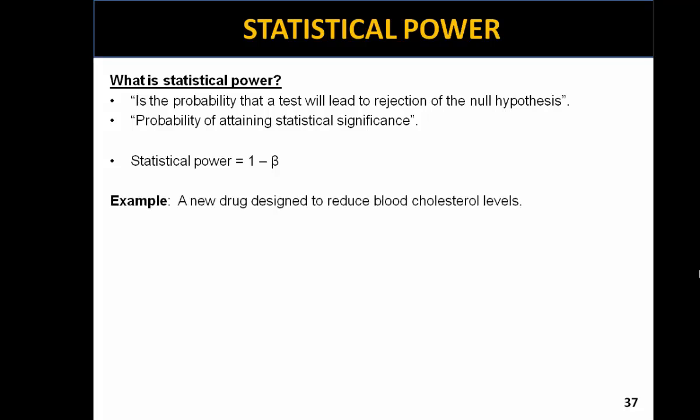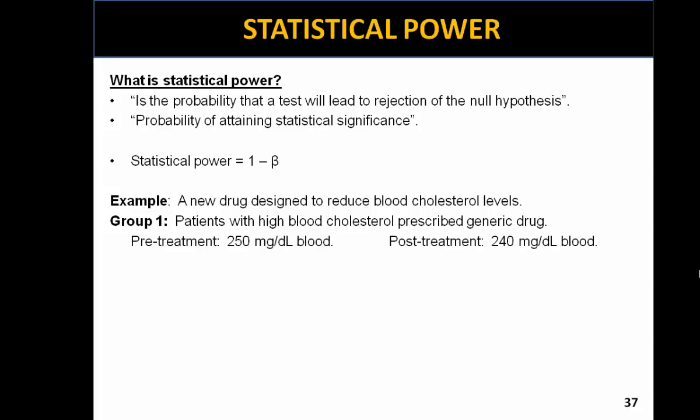As an example, we're going to examine a new drug that's designed to reduce blood cholesterol. In a study like this, we have two groups. The first group includes patients who were prescribed a generic drug to control high blood cholesterol.